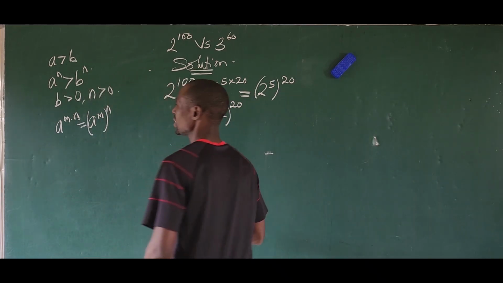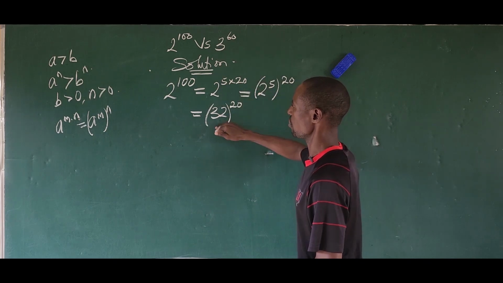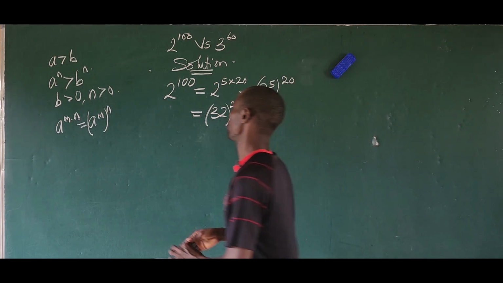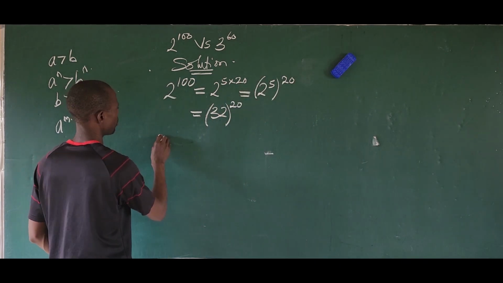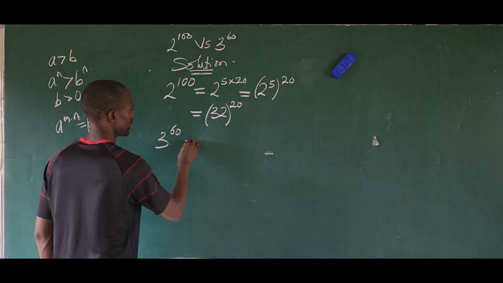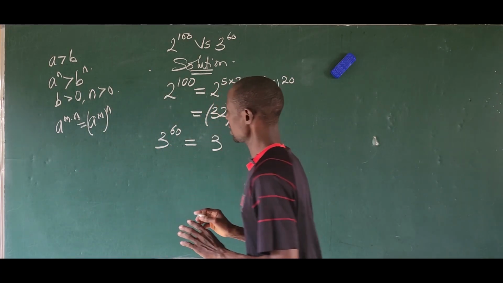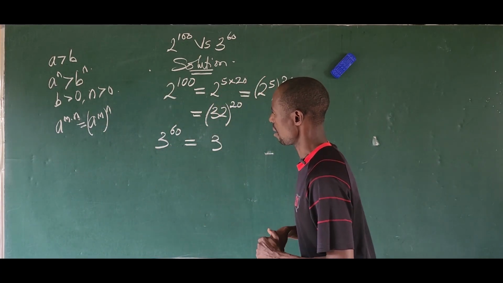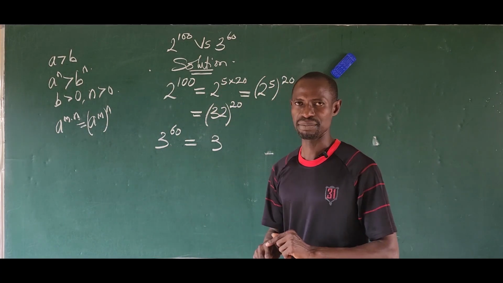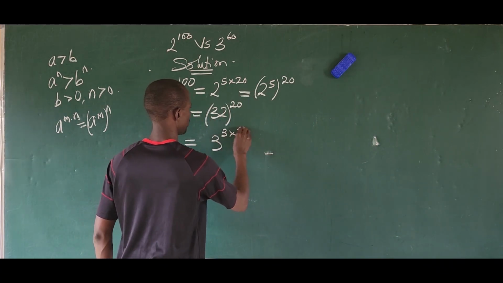So we have the power of 20 here. So let's see if we can get the power of 20 from this, then we check the base number. So from here, we now take the second one, which is 3 to the power of 60, equal to 3 to the power of what? So 60 can be expressed as 3 times 20.